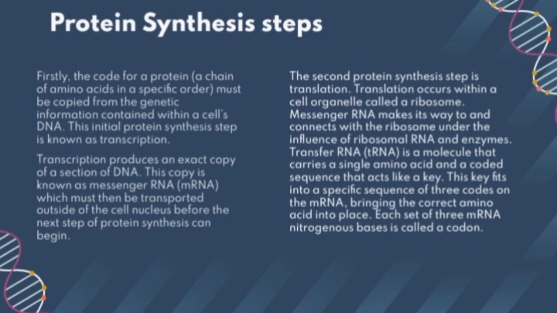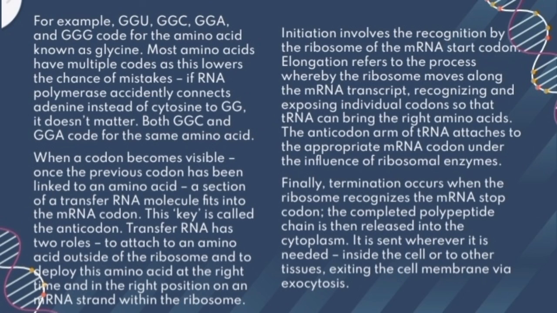Transfer RNA is a molecule that carries a single amino acid and a coded sequence that acts like a key. This key fits into a specific sequence of 3 codes on the RNA, bringing the correct amino acid into place. Each set of 3 RNA nitrogenous bases is called a codon.